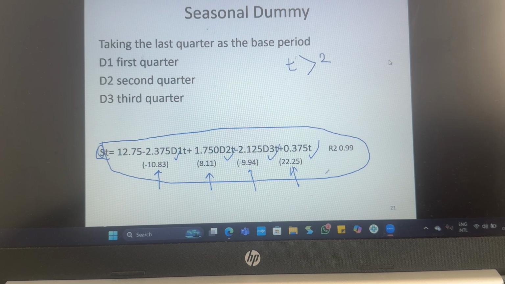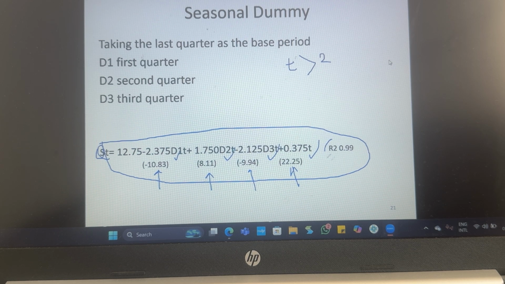Remember? So by looking at these numbers, without going for hypothesis testing, you can say all these numbers are statistically significant. No problem with the significance, because all these T values in absolute terms are greater than 2.